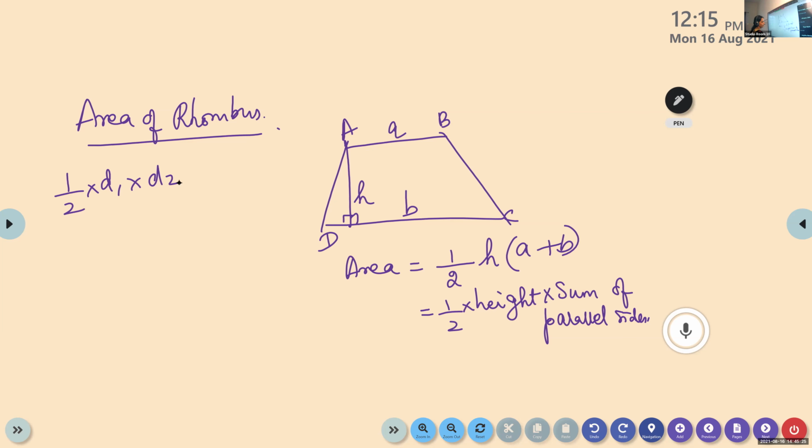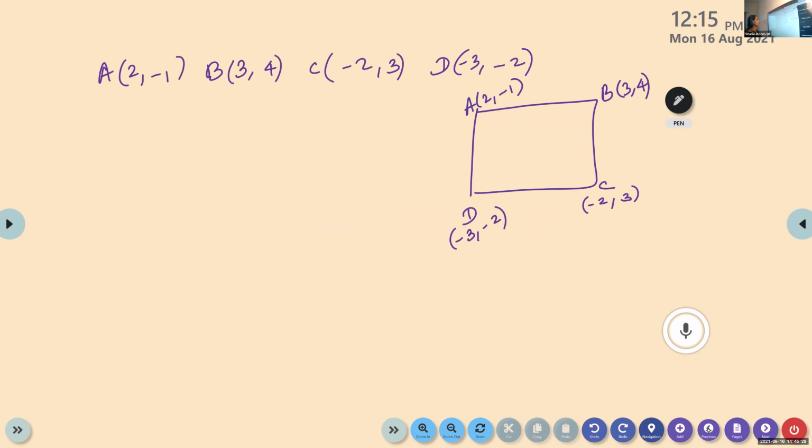Hope you noted this one. Okay, now we can do this one. Area of a rhombus.